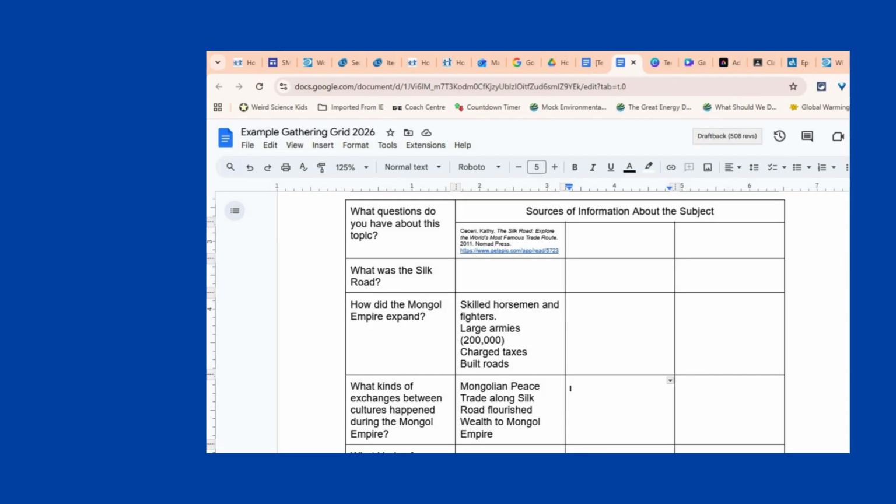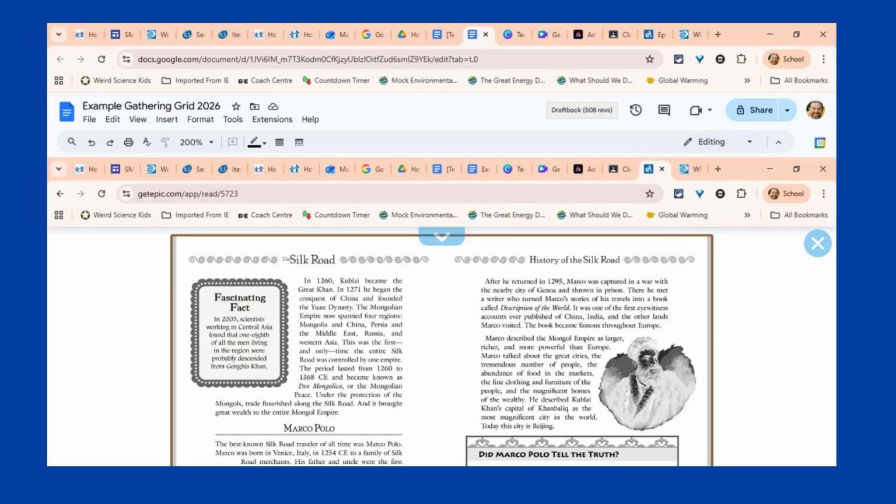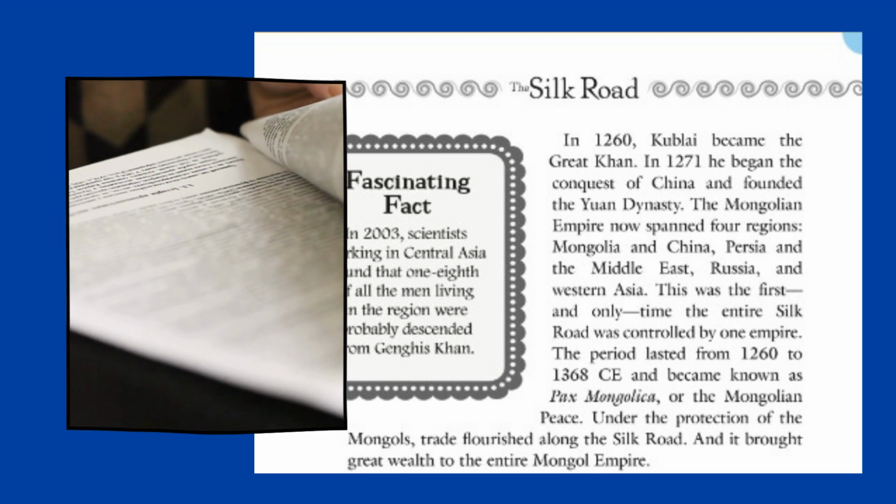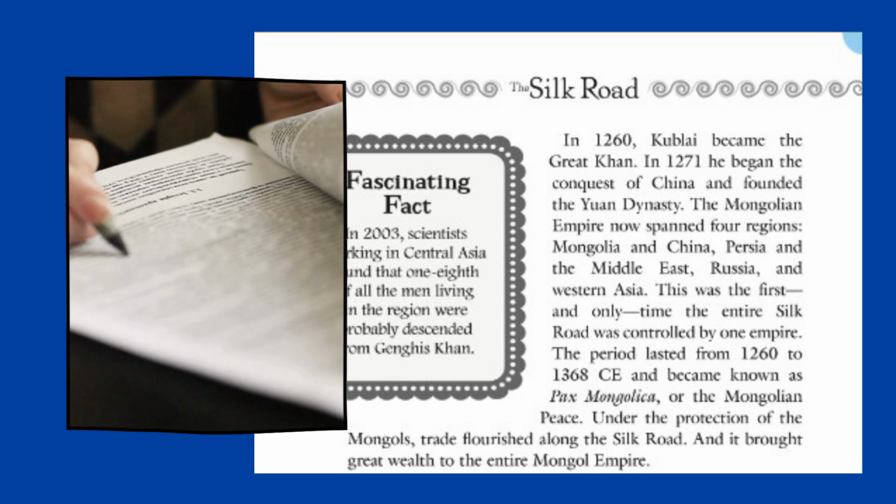As I continue to look at this source of information on another page, I find some information relating to the kinds of exchanges that were happening between cultures, in particular in relation to religion.